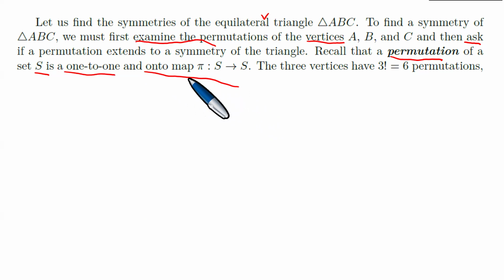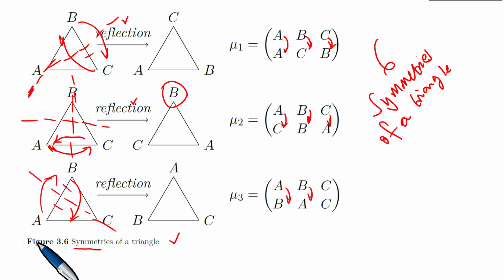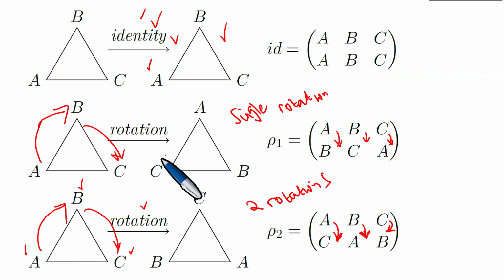The 3 vertices of a triangle produce, this is powerful, exactly 3 factorial, which is 6 permutations. We saw there are 6 permutations for the triangle: 3 reflections, 2 rotations, and the identity symmetry.